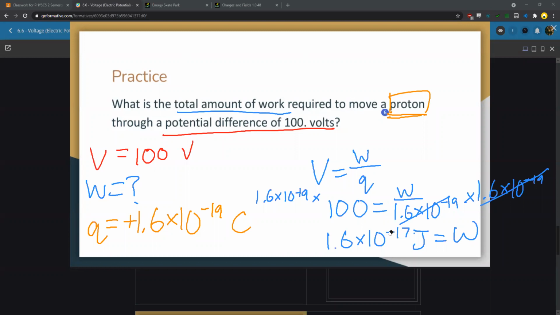If you plug it into a calculator, you'll get 10 to the negative 17. Also, 100 is 1 times 10 to the 2, so you're adding 2 to your exponent. So I get negative 17. Alternatively, you can also plug it into a calculator.